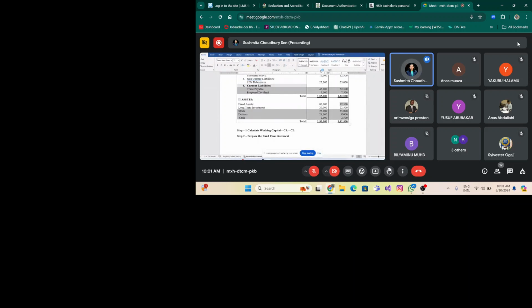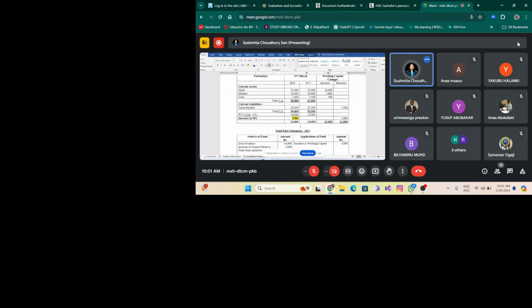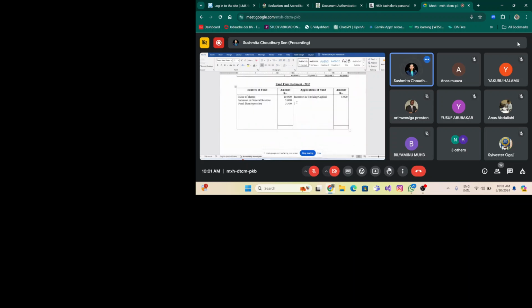You are using your money to buy more assets. How much more have you purchased? 92,500 minus 80,000, that is 12,500. All right, so here I am mentioning purchase of fixed assets, 12,500.